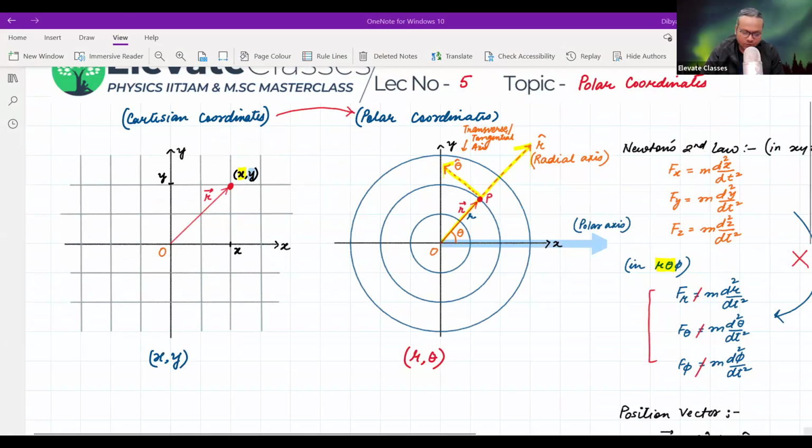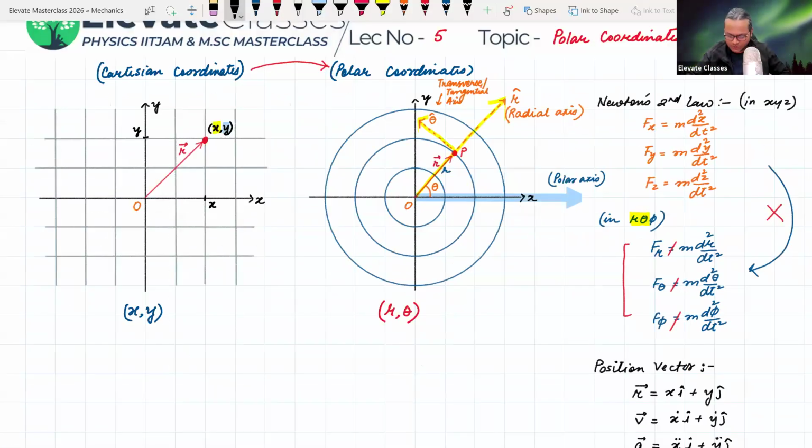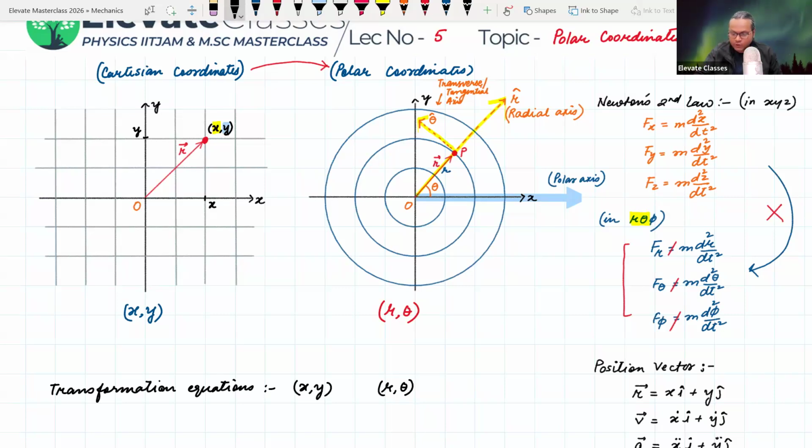All right. So let's start with the transformation equation. The transformation equation simply gives us a mathematical relationship between x y and r theta. So if I know x y, I would like to find out r theta, and if I know r theta, I would like to find out x y.